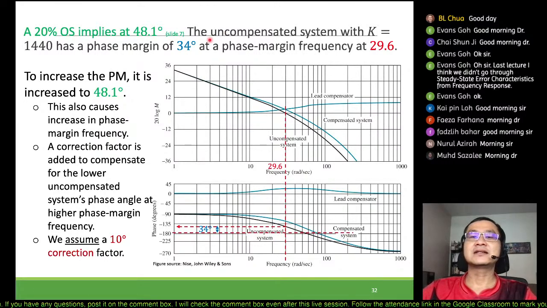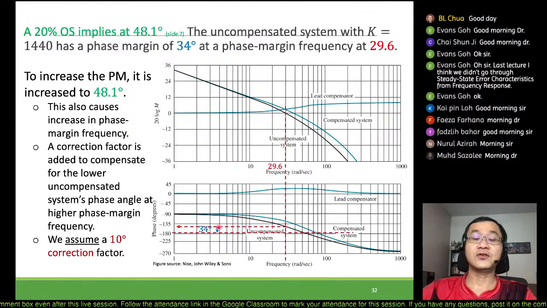Then the uncompensated system, as we have figured out previously, has a gain of 1440, and it has a phase margin of 34. So you just draw a line at 180 and 34, which is about minus 136, I guess.